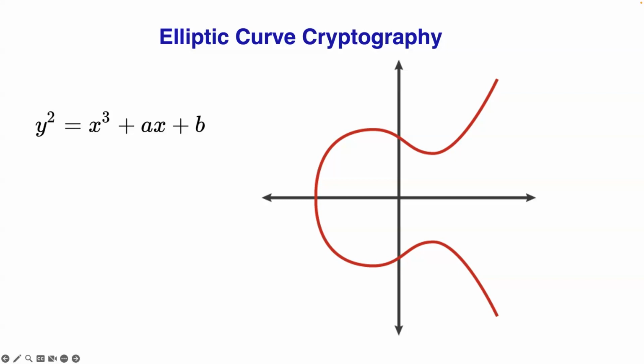This is the equation that describes it. And it's not hard to see that it's symmetric along the x-axis, because y is squared. If you have a negative y, you also get the same number after you square it. Any questions so far?